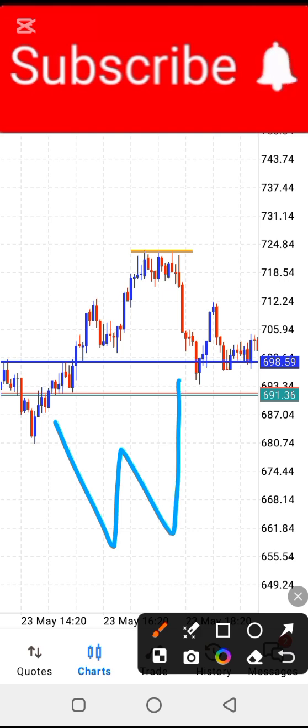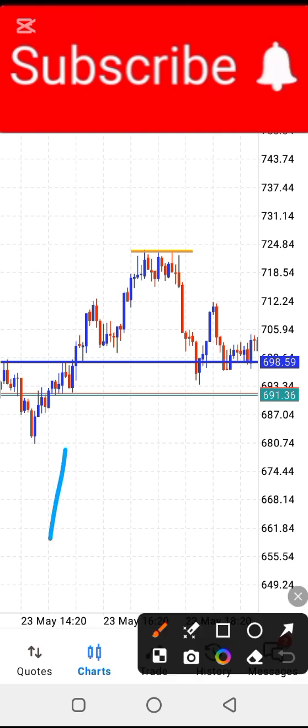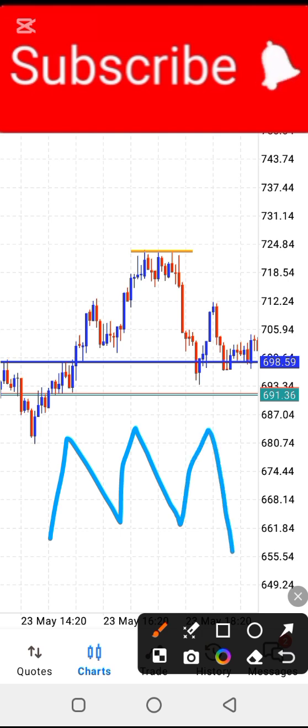Down here you have relative equal lows. Sometimes it could even be more than two. You could have something like this, like that, like this. So these highs are relatively equal, and as you already know, above relative equal highs and below relative equal lows, you have what we call liquidity.